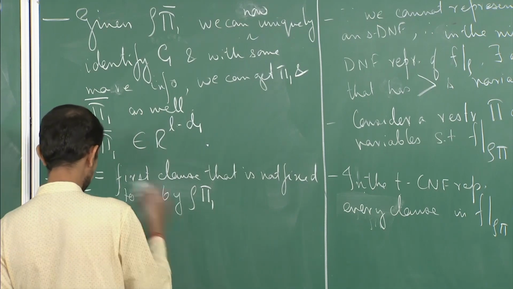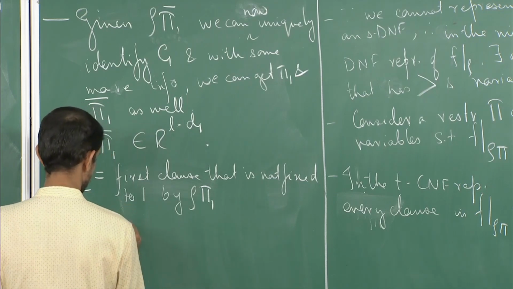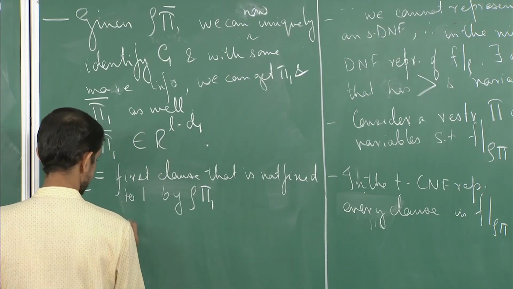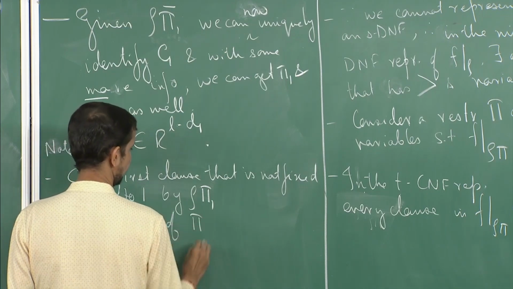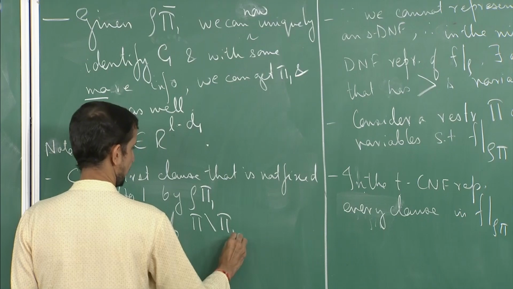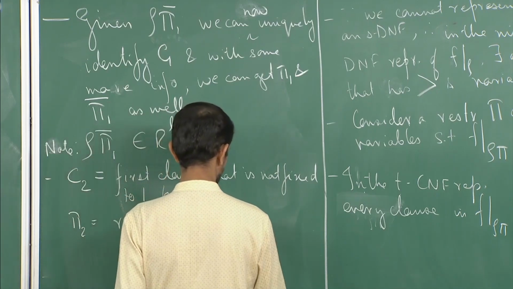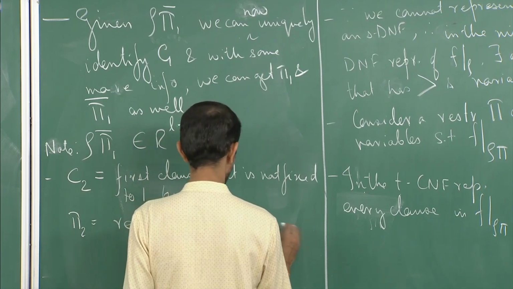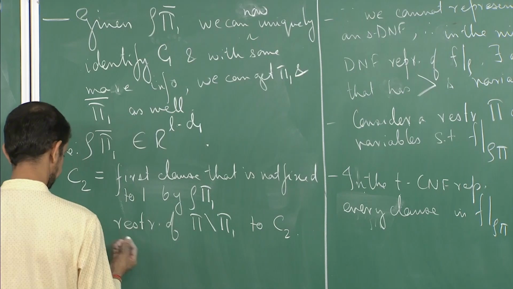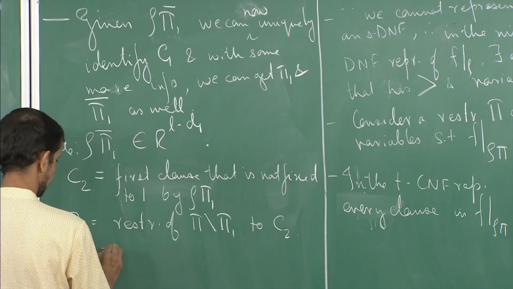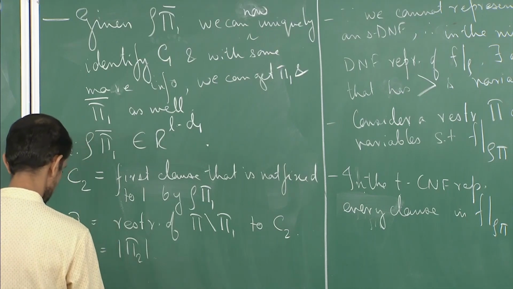Pi 2 is basically the remaining set of variables, that is, it is a restriction of pi minus pi 1 to C2, and let us say that D2 is the size of pi 2.